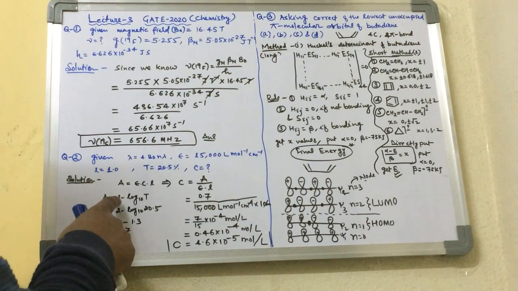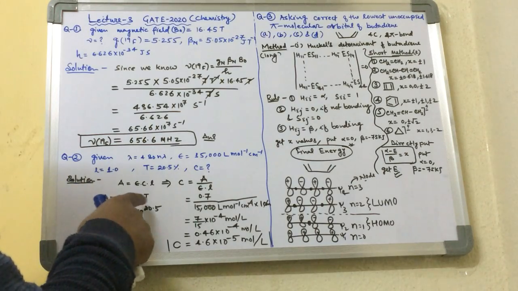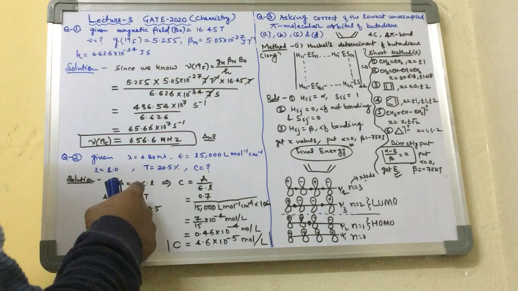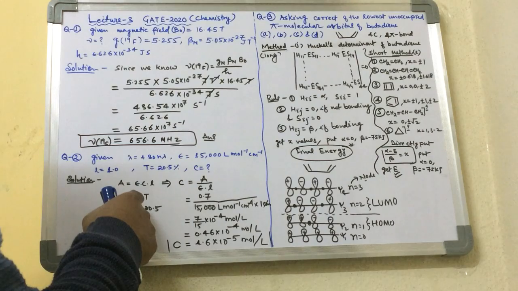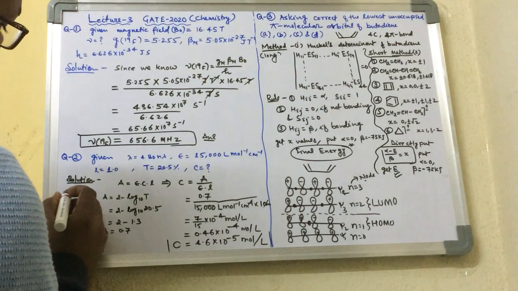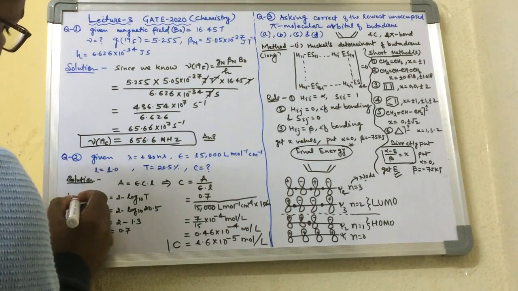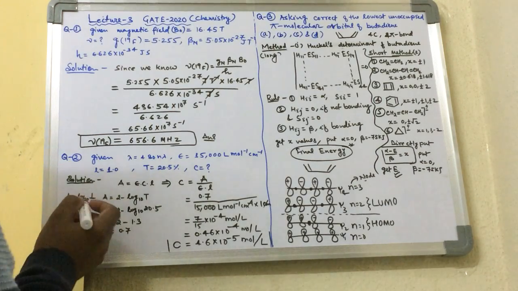Absorbance is equal to 2 minus log base 10 of transmittance. Actually this formula I have directly put with percentage T by 100. As we know, absorbance is equal to log base 10 of 1 upon T. This is the actual formula.